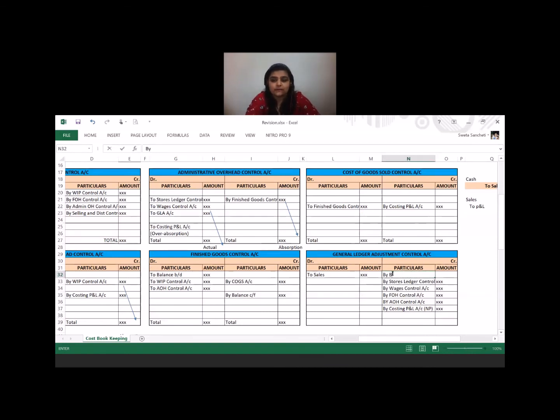Your GLA will have a credit opening balance to match your opening balances. Similarly, once all the entries pass, you will have to balance carried forward and your account will also match. And our account will close.